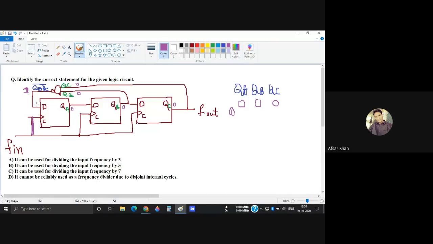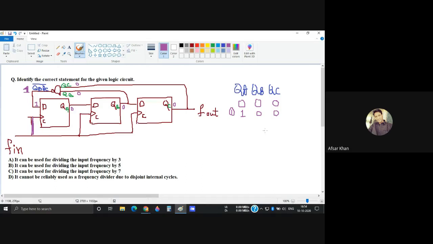Here data D, 1 is coming. So QA will become 1 and QB, QC will be 0, 0. Yes or no?